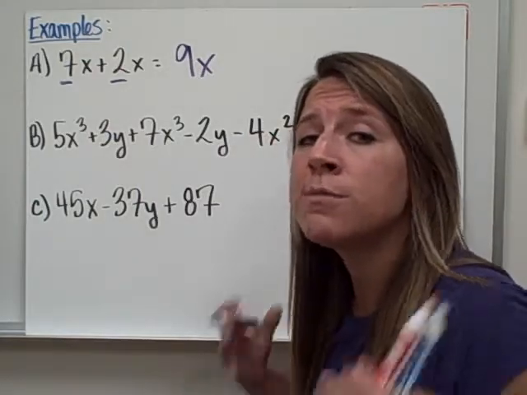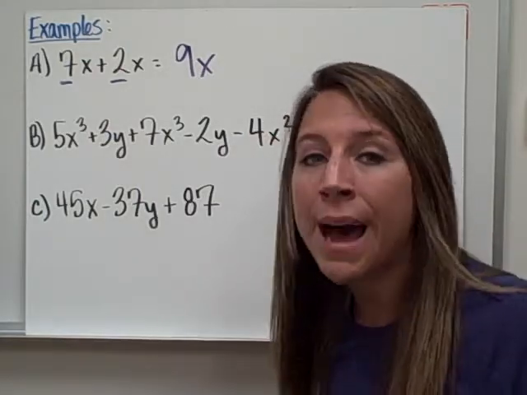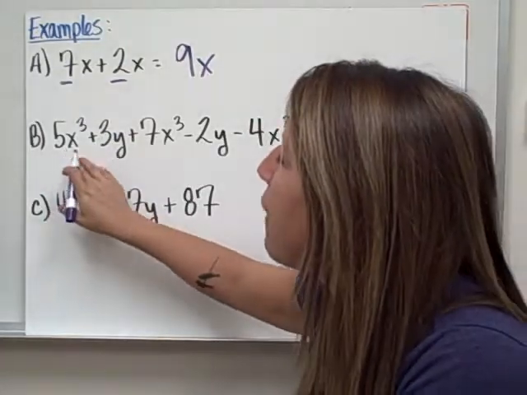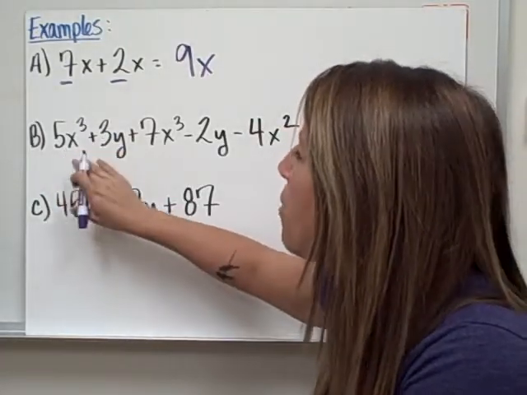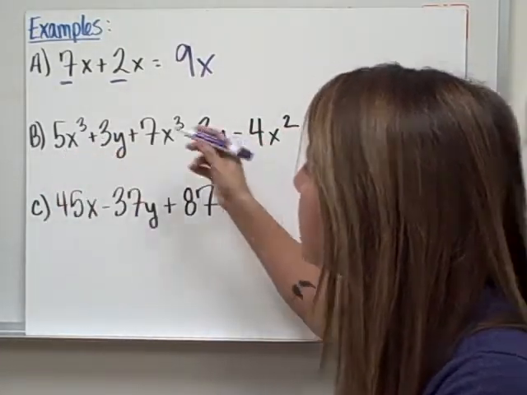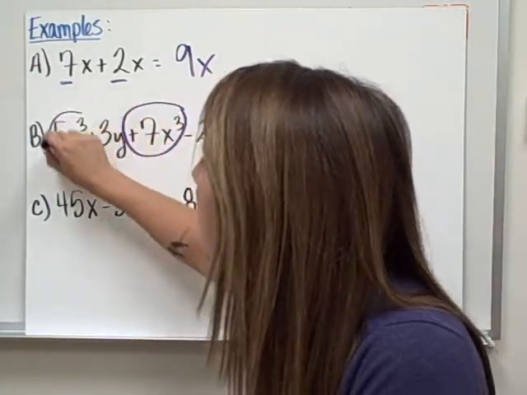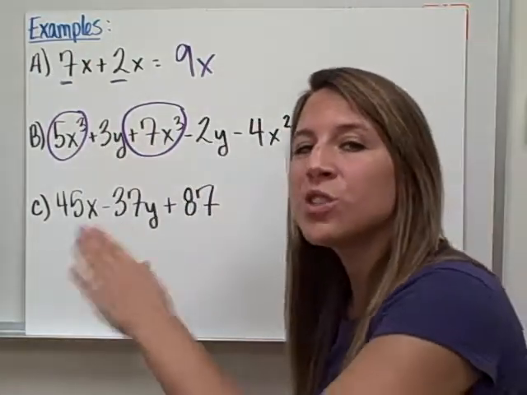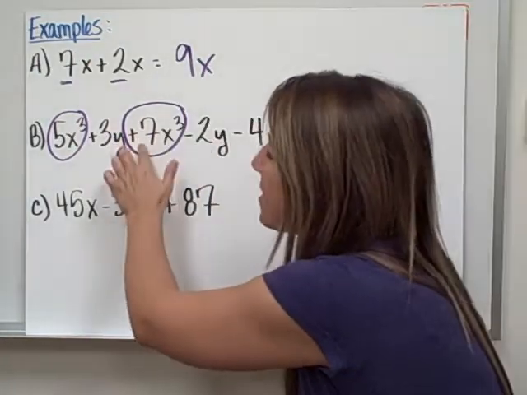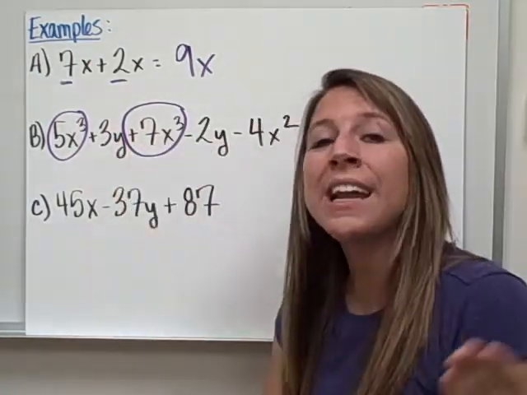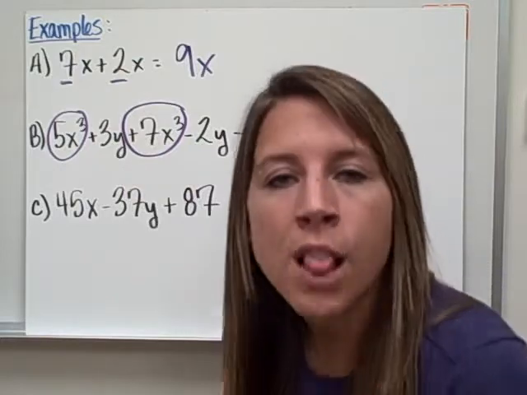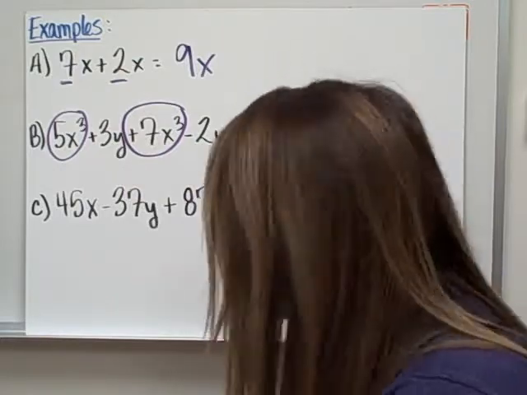Find out which terms are like to see if you can even combine any. I'm going to begin with 5x to the third power. Are there any other x to the third powers here? And yes, there are. I want you to notice that I not only circled the term, I circled the sign in front of it, because the sign in front of the term belongs to the term. Okay?